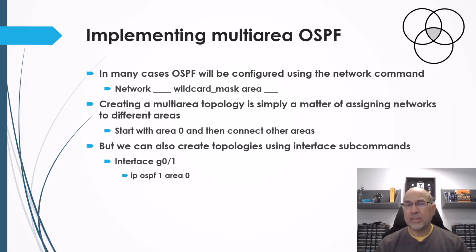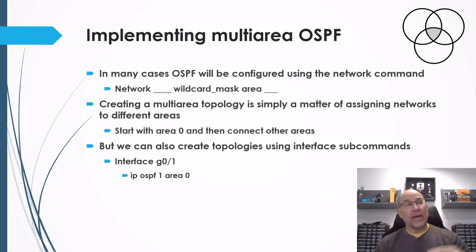Now, in that case, what we're going to do is just specify that some networks are going to be part of a different area. So you know the network command that we've been using so far. We've got network, the network value itself, the wildcard mask, and then the area. And all we're going to do is manipulate that area.